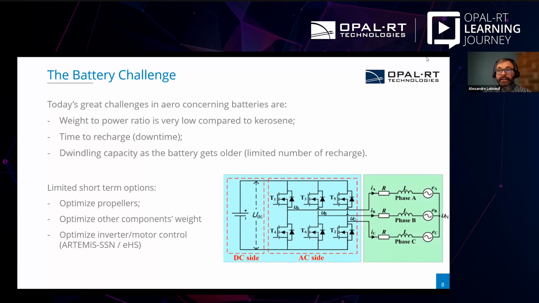Now the battery challenge. eVTOL, hence the E, is purely electric. So today's great challenges are coming from the batteries. The weight to power ratio is very low compared to kerosene. It's the same issue with cars, but it's way more critical for aircraft. The time to recharge is also important.